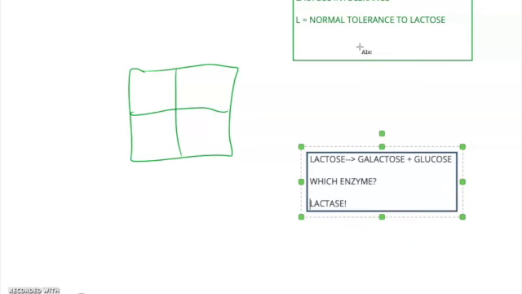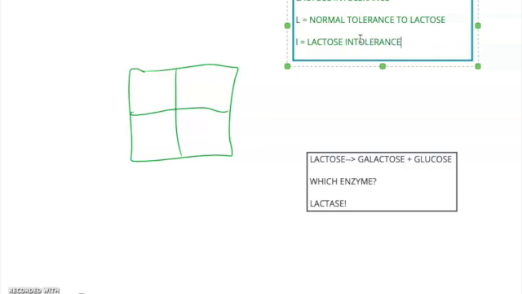All right, so let's come back here. We've got a lowercase l. The lowercase l represents the allele for lactose intolerance, right? Okay, so let's go back to the Punnett square.